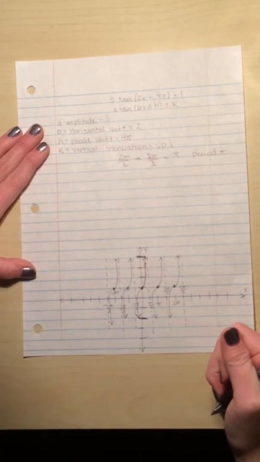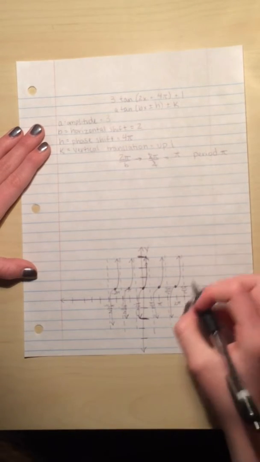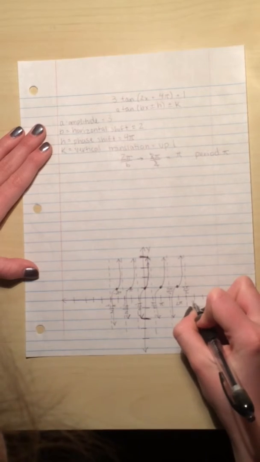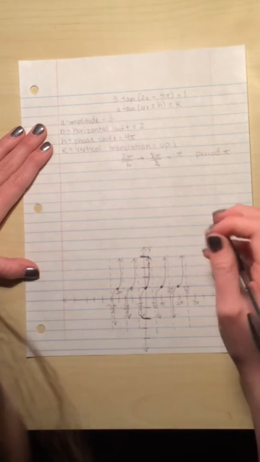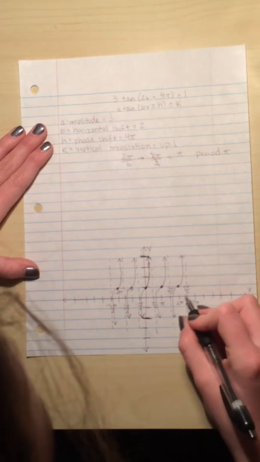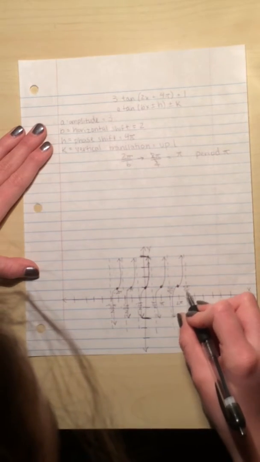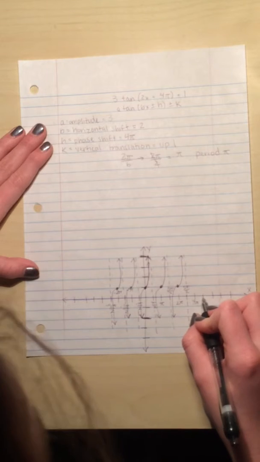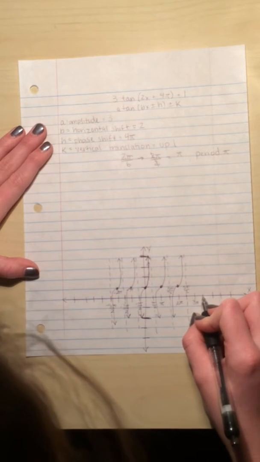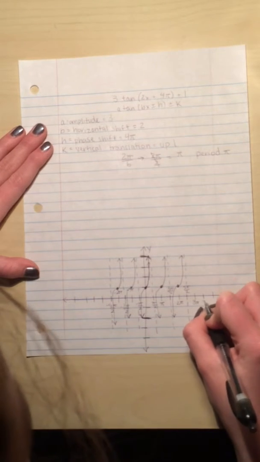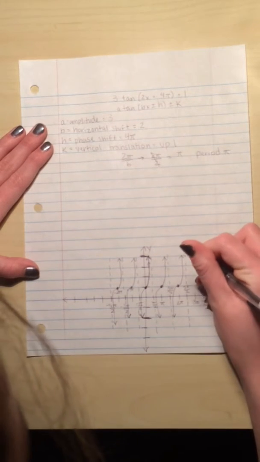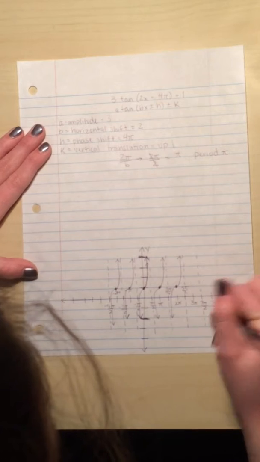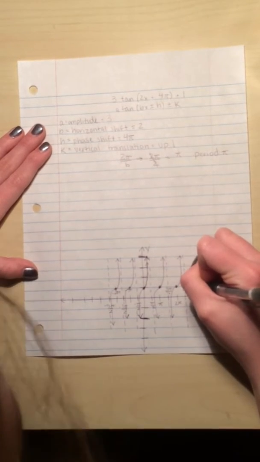Now the next line will be at 3 pi because we shifted over pi. And when this vertical asymptote shifts over pi, that will lead us to the next vertical asymptote, which will be at 7 pi over 2. And then we graph it.